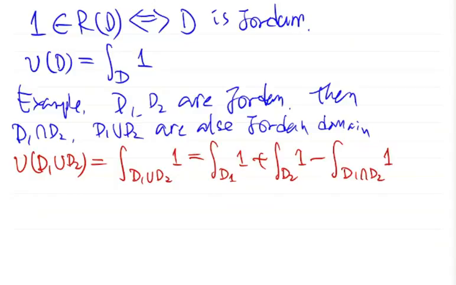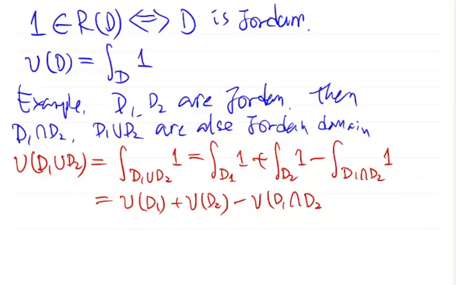So these three integrals are precisely the volume of D1 plus the volume of D2 minus the volume of D1 intersect D2. Okay, so this is a quite natural and reasonable result.